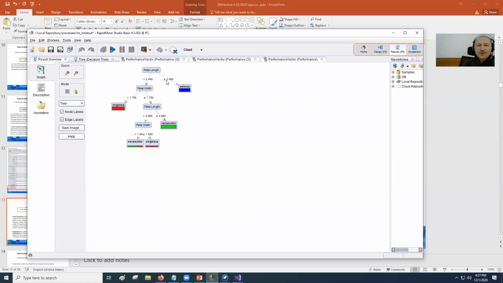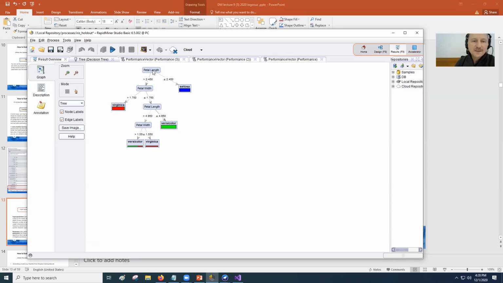If equal or less than 2.5, go to the right side. Who decided these values? The learning algorithm decided. I didn't choose them. They are the system parameters, learnable parameters. Those values are learned by the decision tree algorithm.